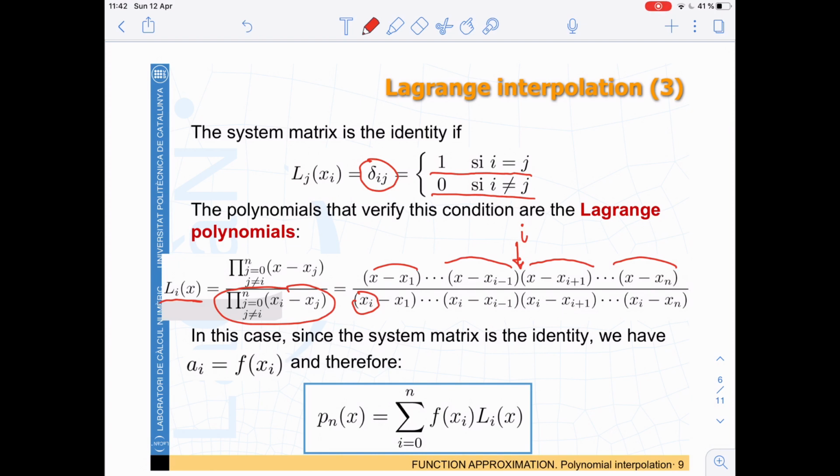Of course, since the system matrix is the identity, the unknowns are directly the right-hand side entries f(xi), and the interpolating polynomial can be expressed simply as the linear combination of the Lagrange polynomials with the images themselves.